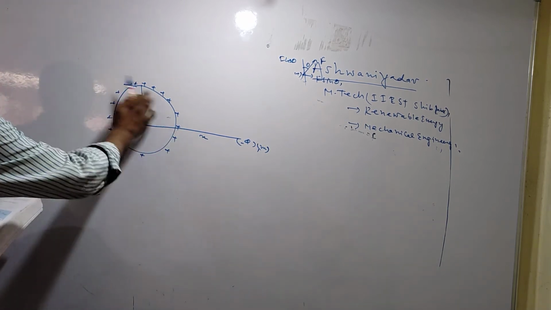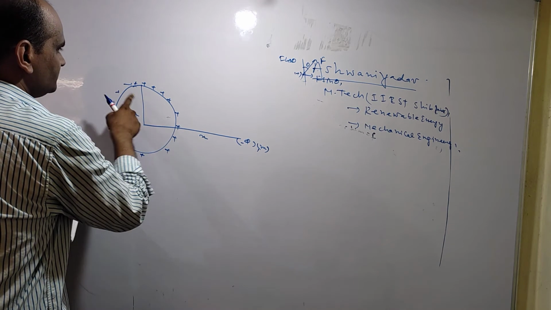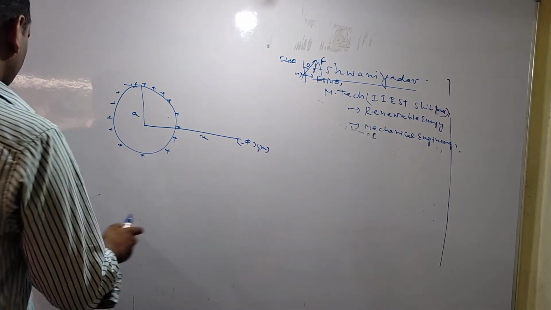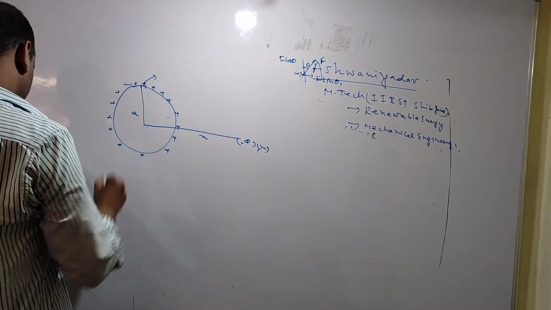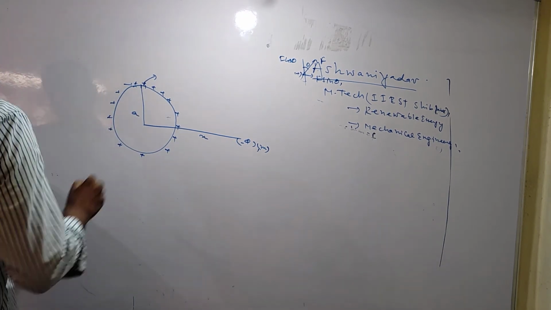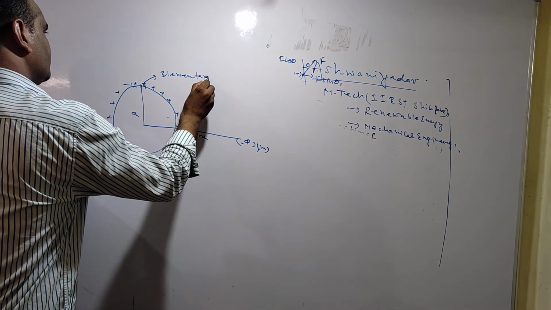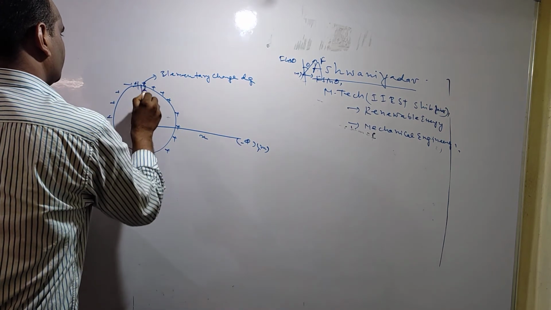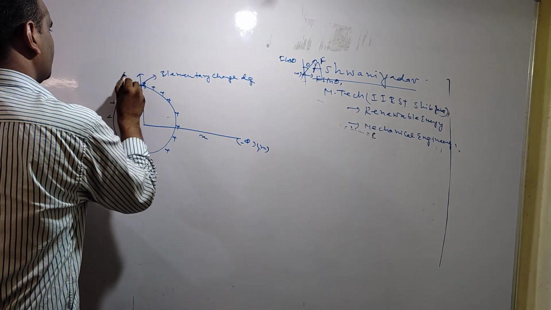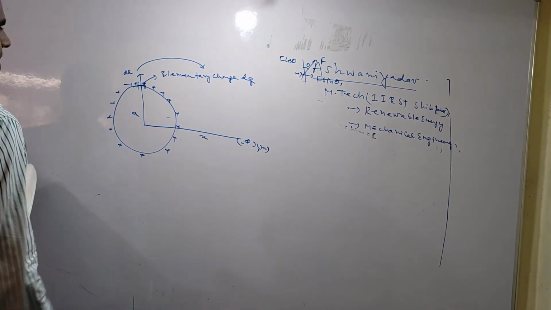This is a continuous body, so we can't write these forces as q1 into q2, but just keep it simple. Take an elementary charge dq on this ring. This is a small length dl having charge dq.